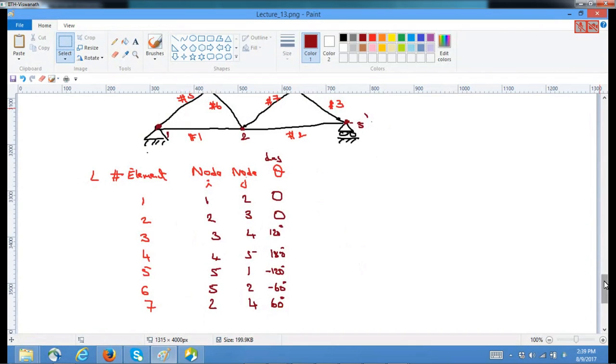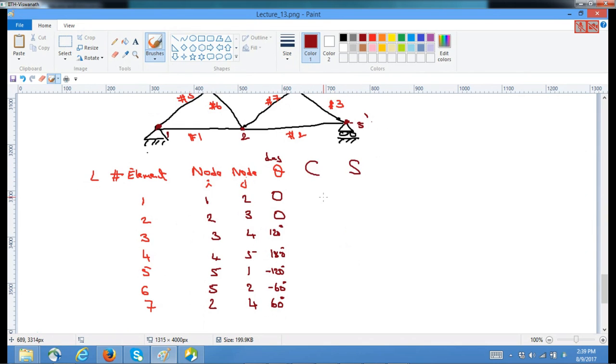Correspondingly, my theta IJ is what I have written as per this. So then let me write my C and S correspondingly for this.